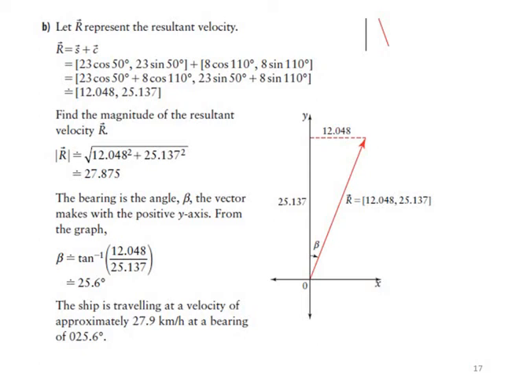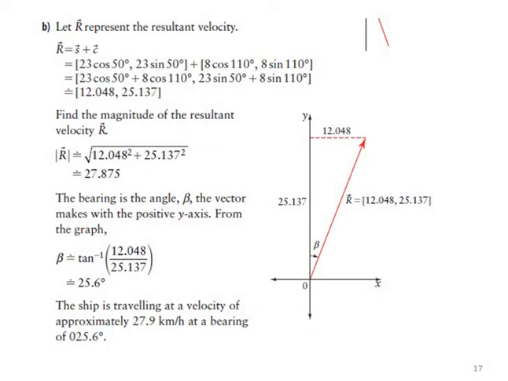So when we simplify it, the vector R is going to be 12.048 for the x component and 25.137 for the y component. And we can easily find out the magnitude of R, which is going to be the square root of 12.048 to the power of 2 plus 25.137 to the power of 2. That gives us the magnitude of 27.875.